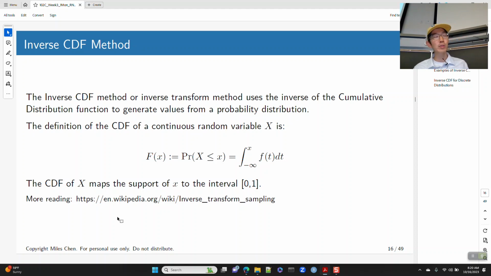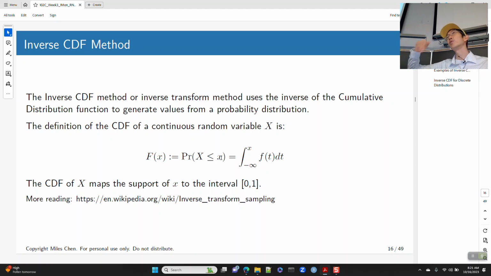So if we think about the definition of the CDF, which we write as capital F of some location little x, it is the probability that the random variable X is less than or equal to that value little x, right?